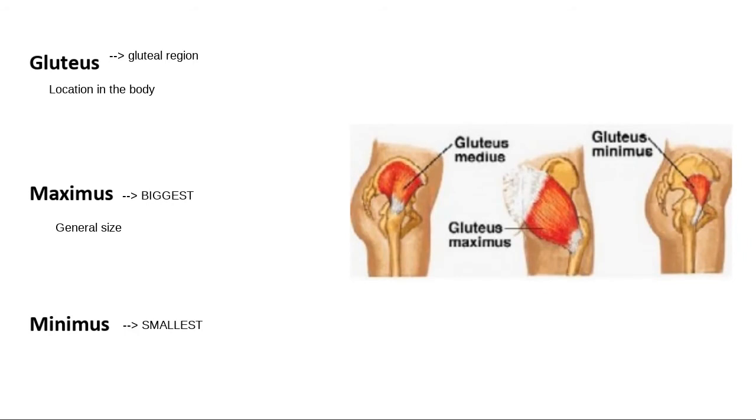Other words that are going to refer to the size of a muscle, you're going to see things like major versus minor. So an example of this would be a muscle called Pectoralis Major. A Pectoralis Major is a lot like Gluteus Maximus.